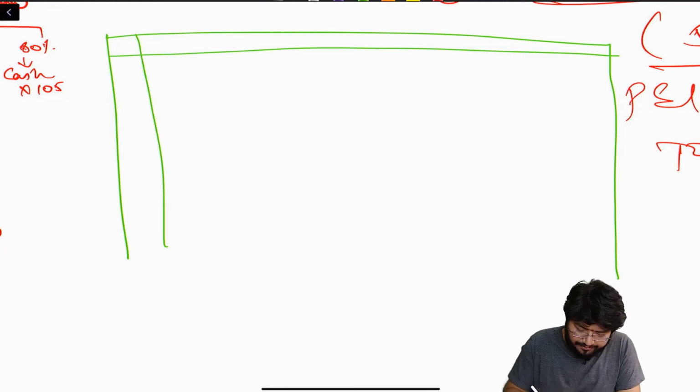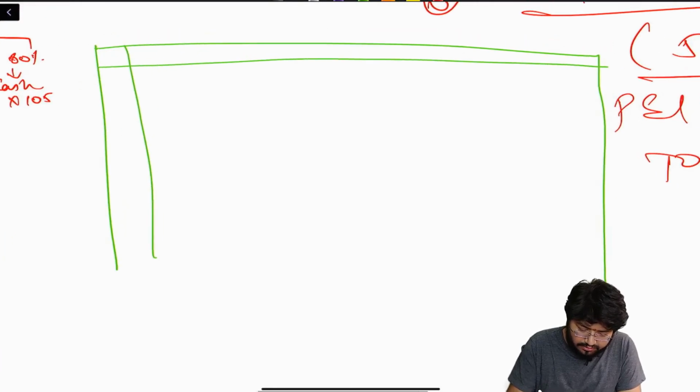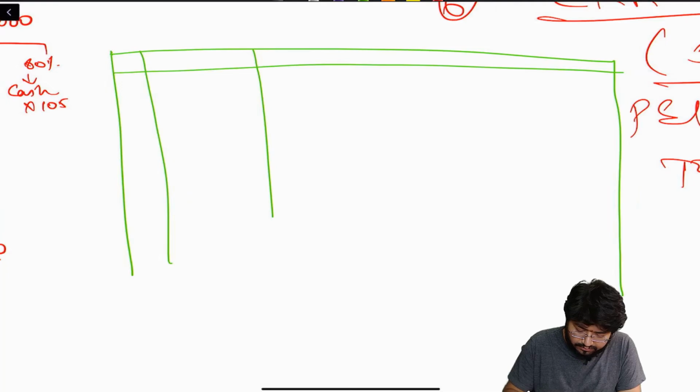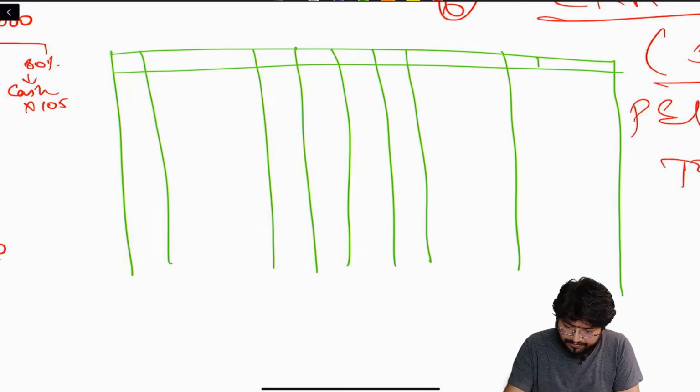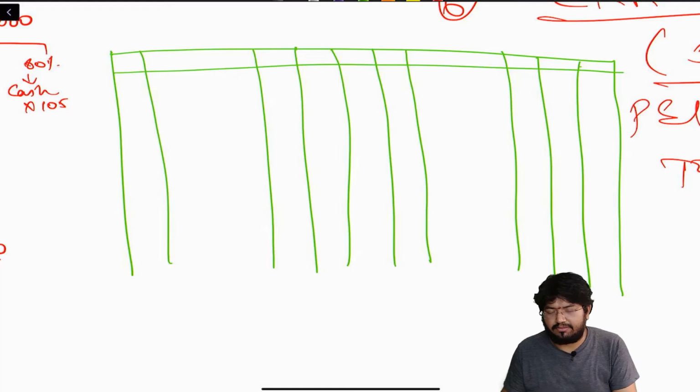So date, particulars, face value, cost, interest, date, particulars, face value, cost and interest.